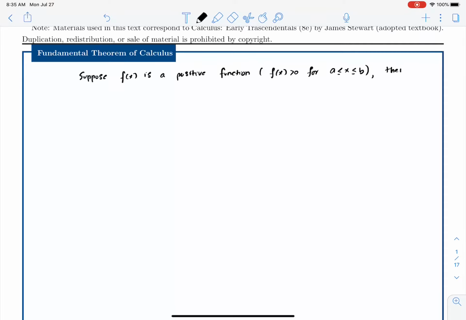Then we know the integral from a to b of f of x dx is the area under the curve.